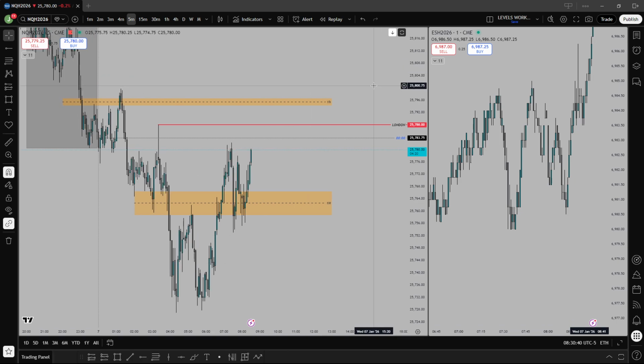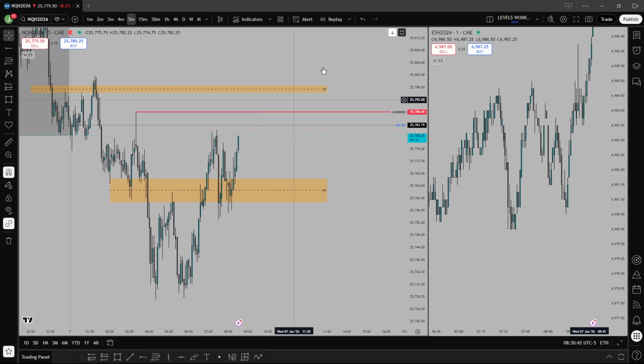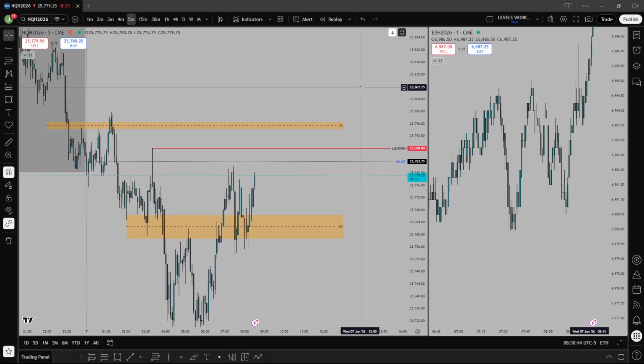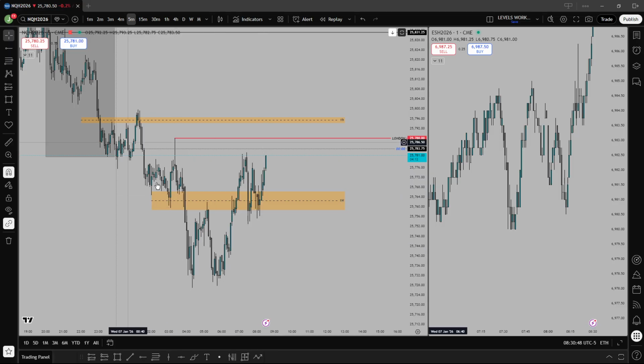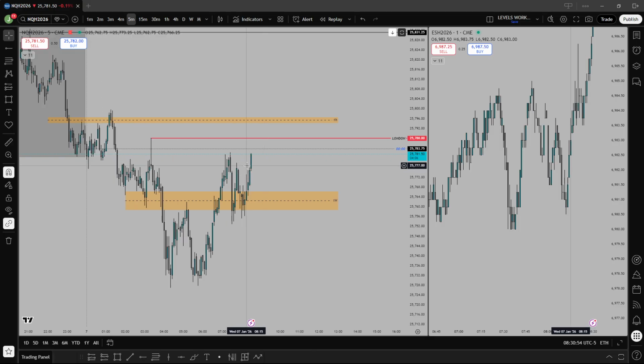But I don't like the days when we are just expanding on the news, so we basically don't get a trade there. I do not trust this kind of pre-news manipulation. I wanna see price manipulating after news or maybe on the news.